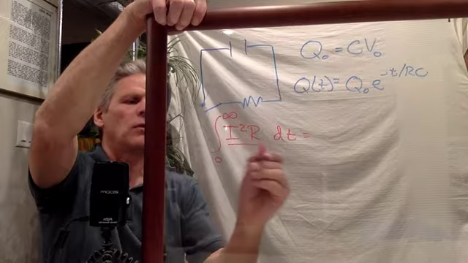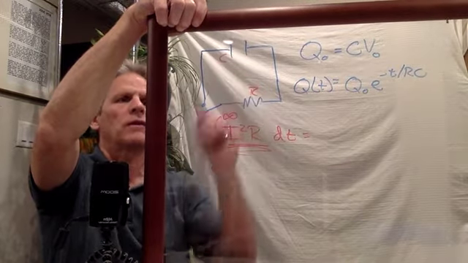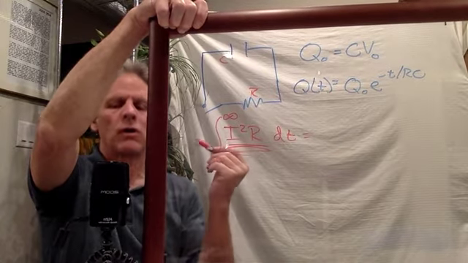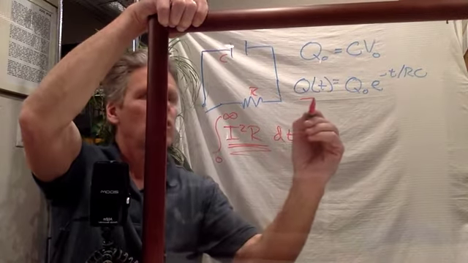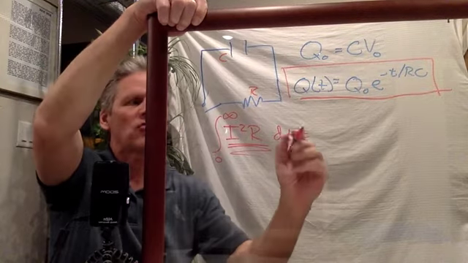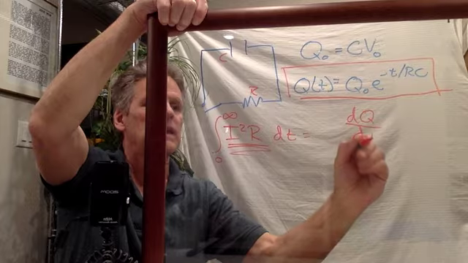So now all we need to do is figure out what these things are. Well, we're given R. We know what this is. We're given this C as well. We're given R, but what is I? Well, we don't directly know I, except that we're given charge as a function of time. And what is the definition of current? It is dq dt.